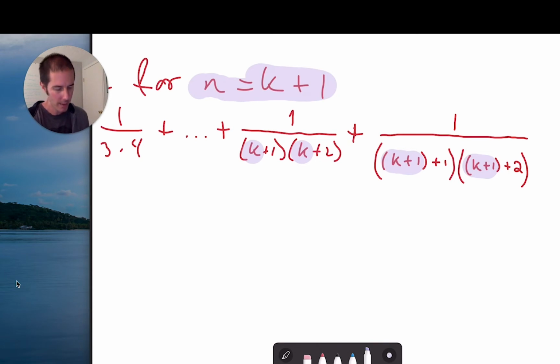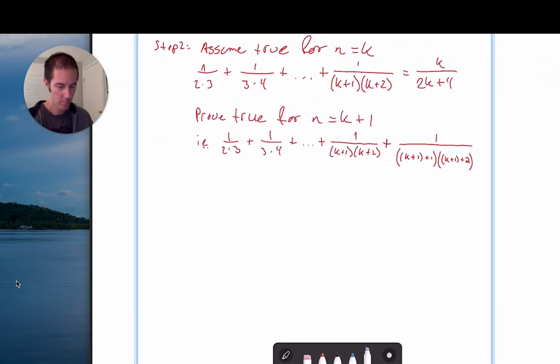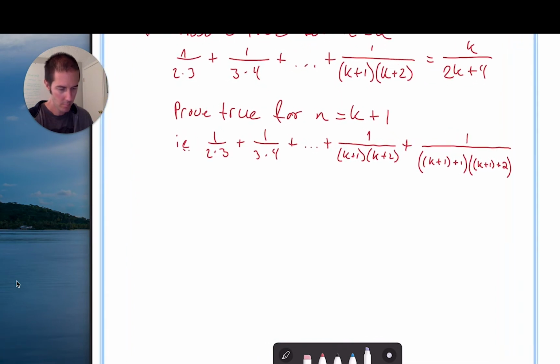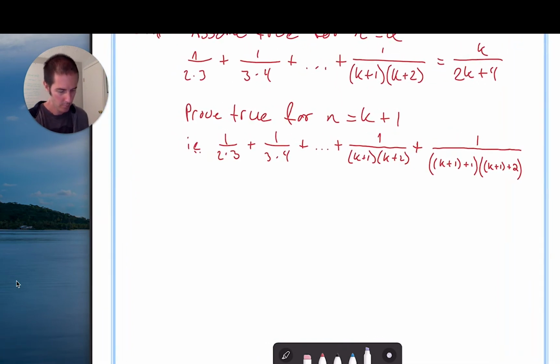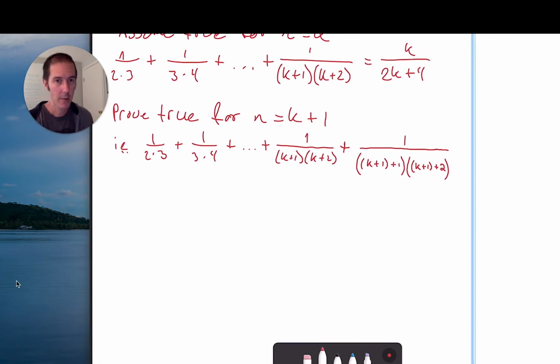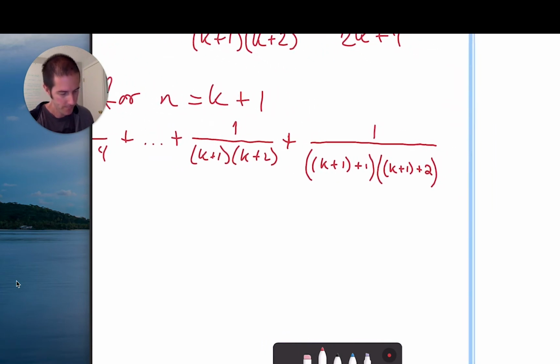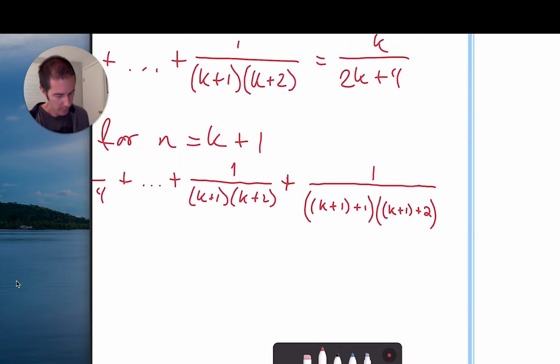Why am I writing out both of these terms? I'm going to show you, I promise. We're going to move from this... oh, we need the right-hand side of this equation first, sorry. Previously, the right-hand side of this equation said k over 2k plus 4.